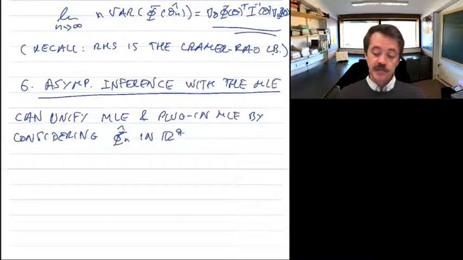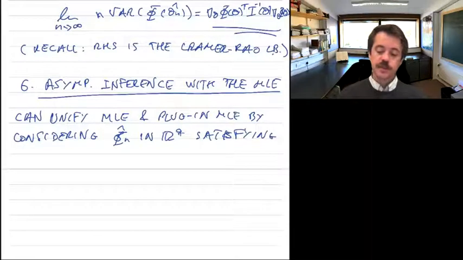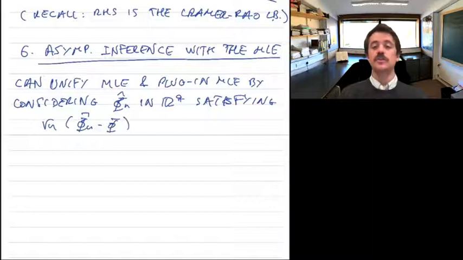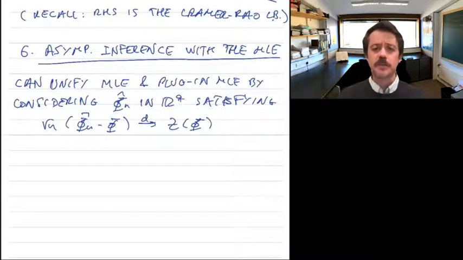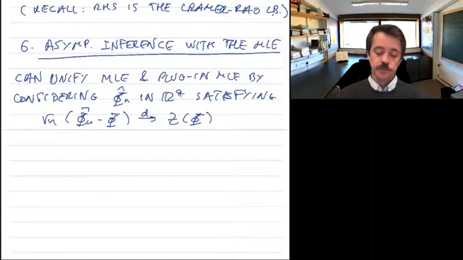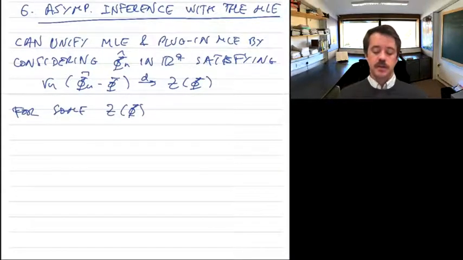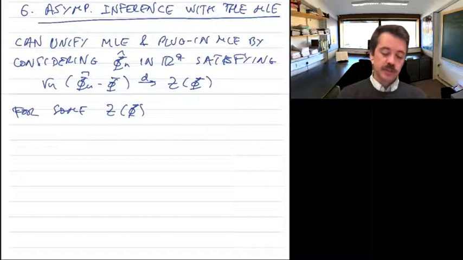Satisfying just the same as in the theorem, which is that the square root of n of this quantity minus this other quantity is going to go to some Z, which is dependent on this capital phi, again for some random variable Z capital phi.